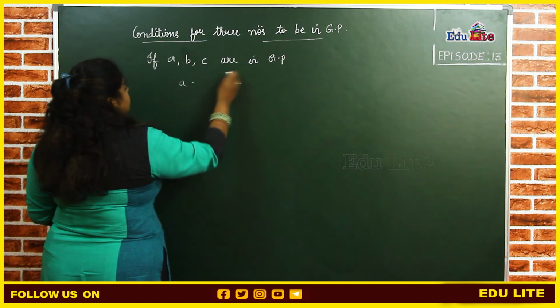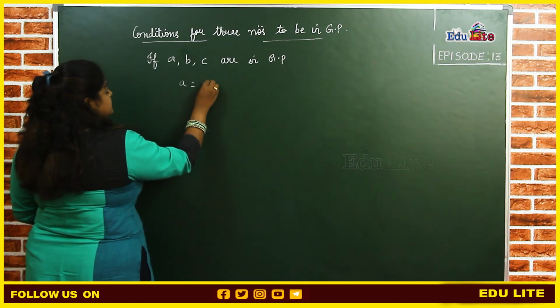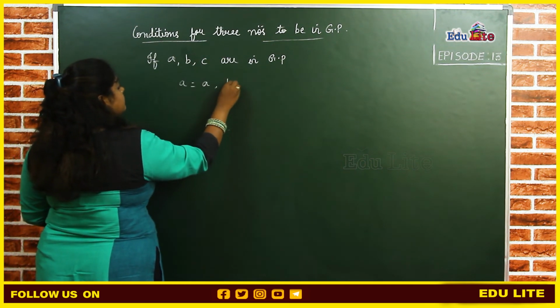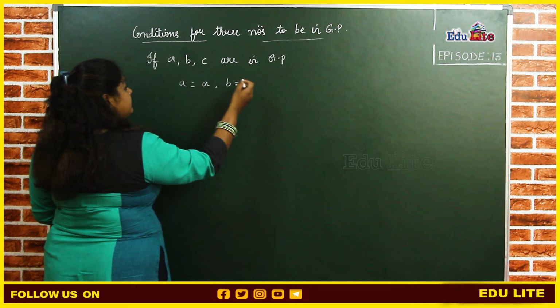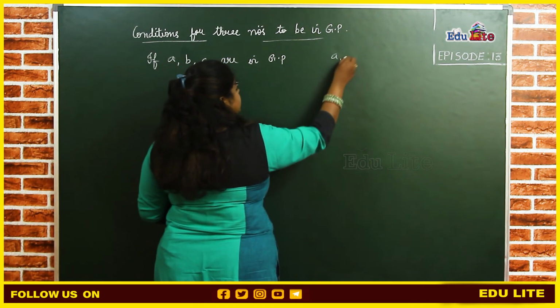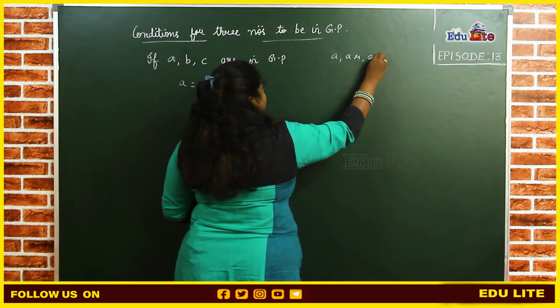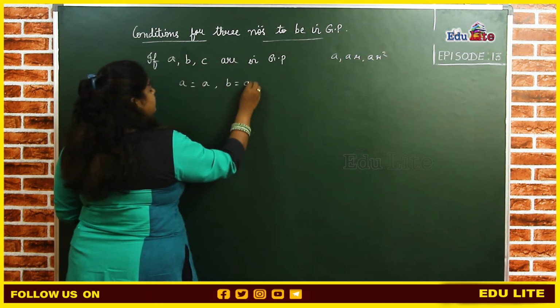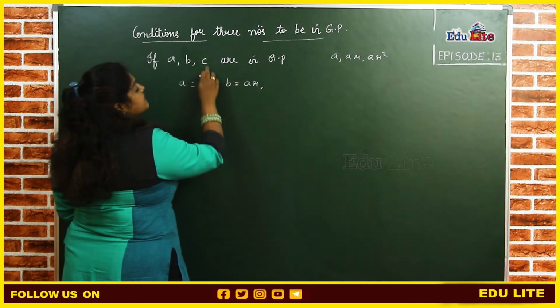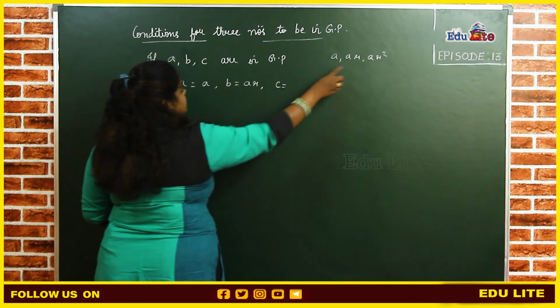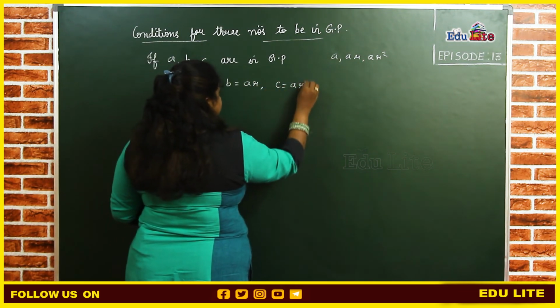A, B, C in GP means the first term of the GP is A, and the second term of the GP is B. The second term in the form of GP is AR, therefore we will take B equals AR. Similarly, the third term in the GP, C, is equal to AR square.